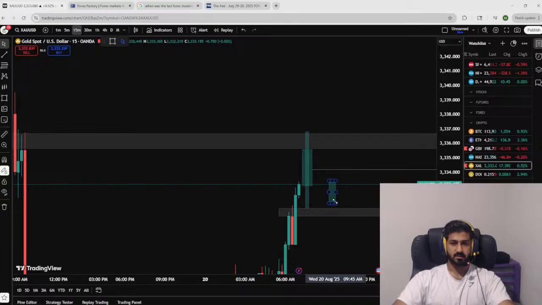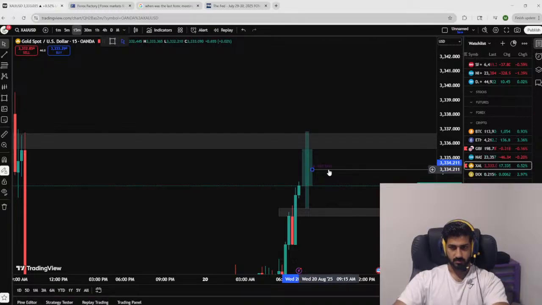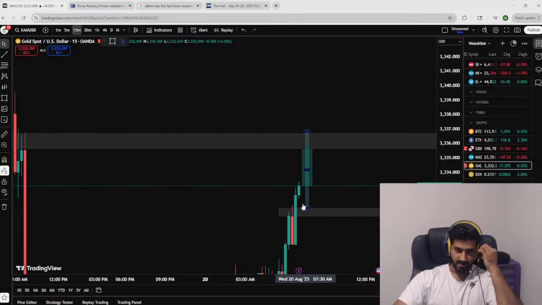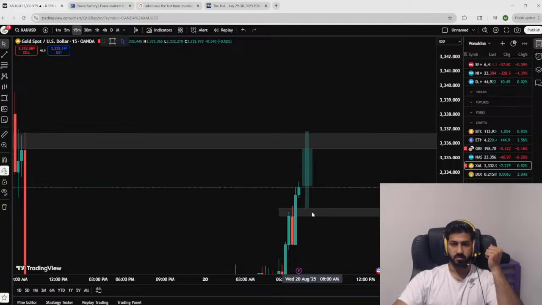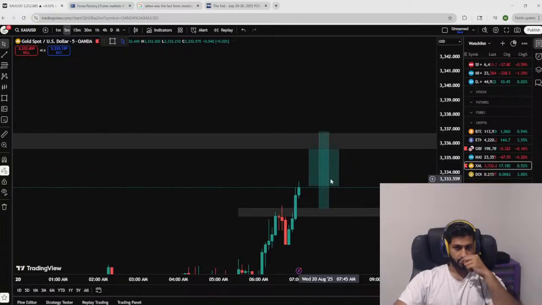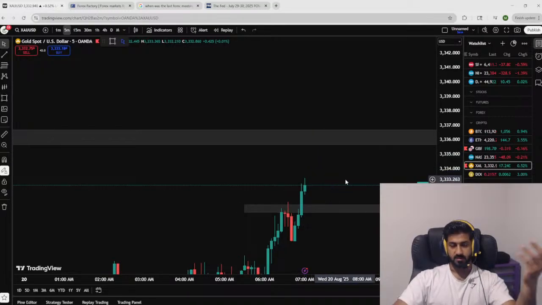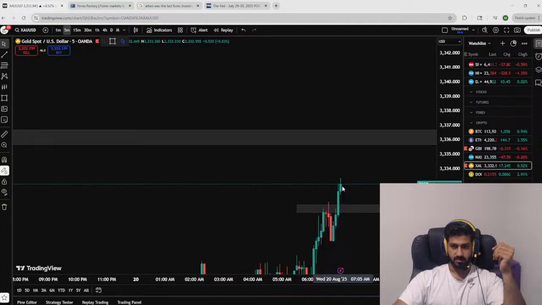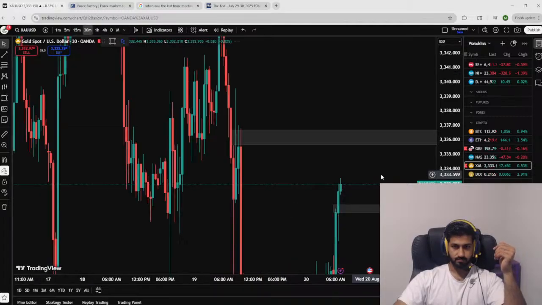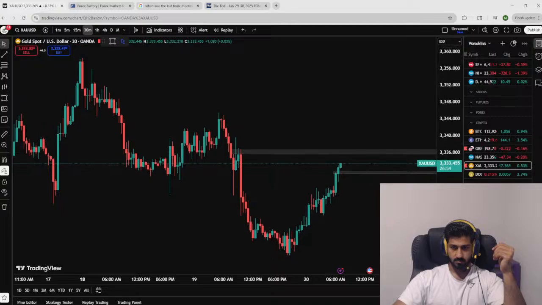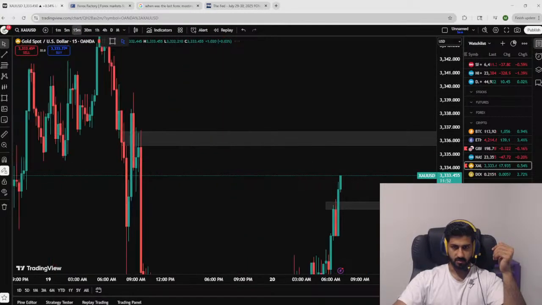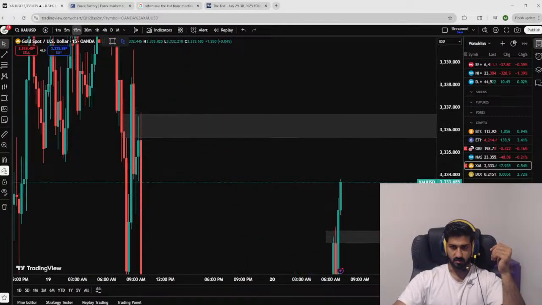I want the price to create a lower wick, and that lower wick will be your stop loss. It shouldn't break below its own low. But right now it looks pretty bullish to me. Even if it continues up, there is a chance for it to continue up. We'll see. Yeah, brother, we definitely look strong here.